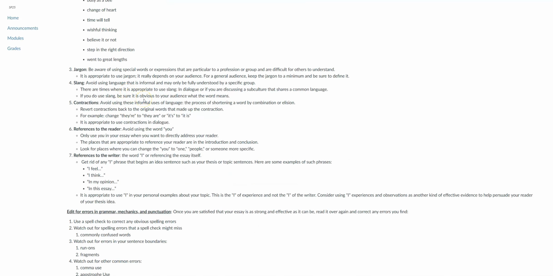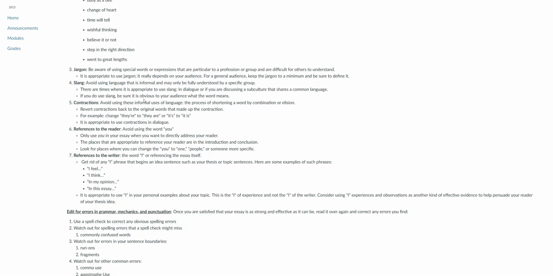Another kind of word we want to look out for when we're looking to again improve our paper at the word level is any kind of jargon that we're using. And again, jargon is just any specific or special words or expressions that we use for a particular discipline or a particular activity.